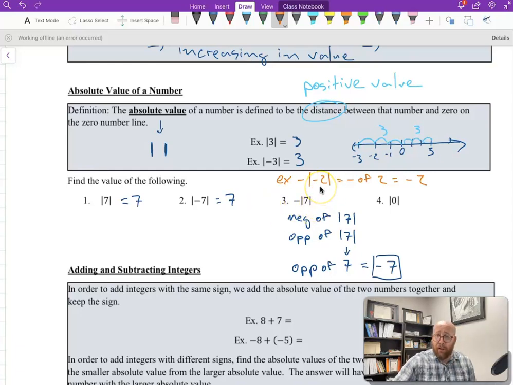Because the absolute value of negative 2 is positive 2, and we're asking what is the opposite or the negative of 2, which is going to be negative 2. What is the absolute value of 0? It is 0, because 0 is 0 units away from itself.